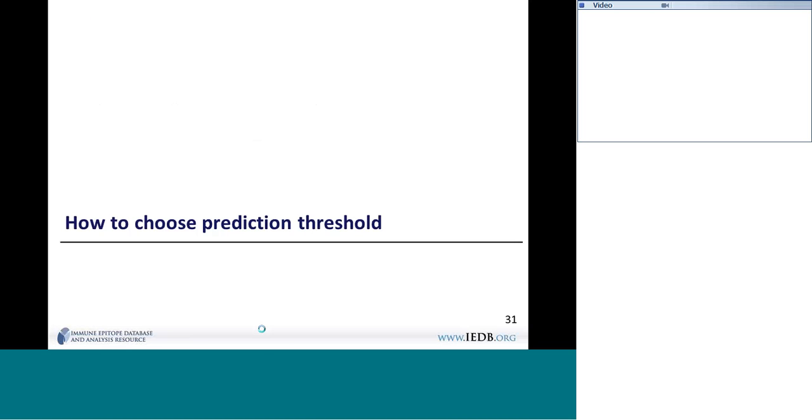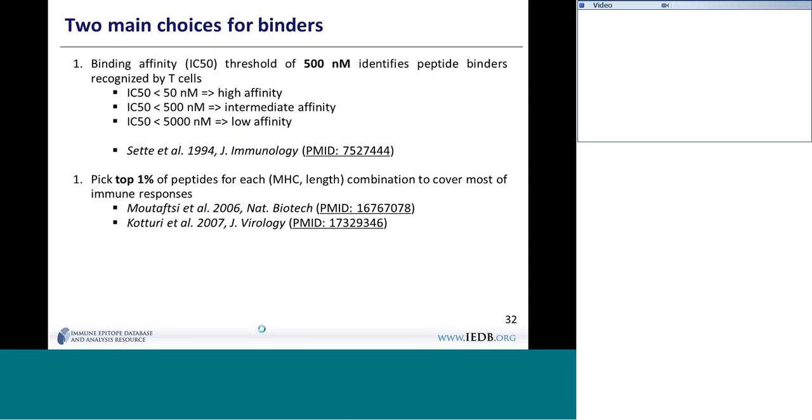Okay, so now we talked about how to choose a prediction method, and another problem is how to choose a prediction threshold to define binders. There are two main approaches to define a binder, and there are studies that show how this works.